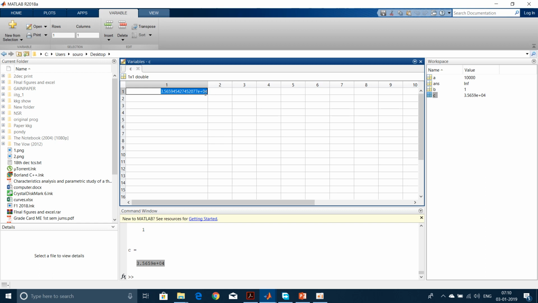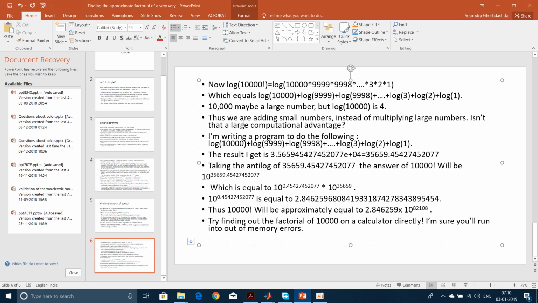And that was simple, wasn't it? That did not require much computer memory, did not require much resources on the computer. So we just now take the anti-logarithm of this number. So the result we get is 3.5659 blah blah blah into 10 to the power of 4.